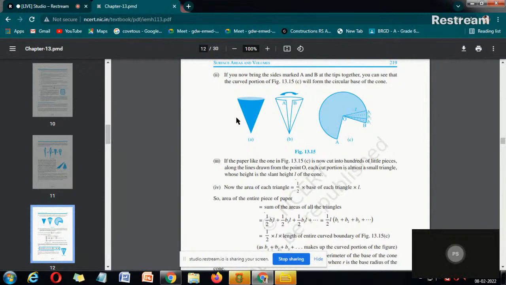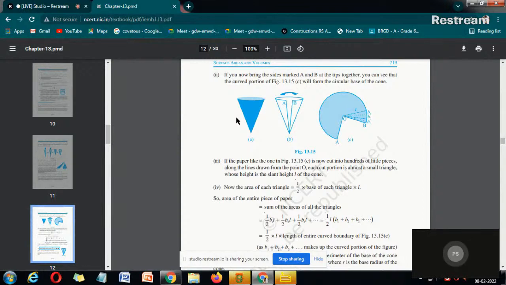Now the area of each triangle equals half into base of each triangle into length, I mean slant height, sorry. So the entire area of the piece of paper equals the sum of all the triangles. So the curved surface area of a cone is pi r l.